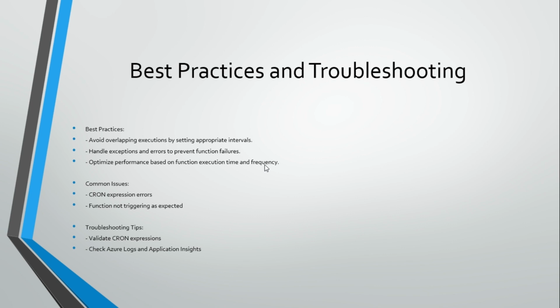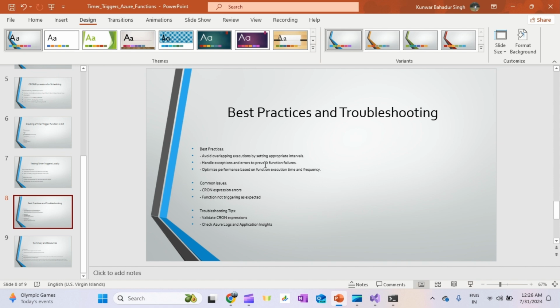There are multiple tools you can use to verify the CRON expression for scheduling. Also make sure that you are validating your CRON expression. You should also include App Insights logs for exceptions, so that you can trace when it does not run and when it runs.